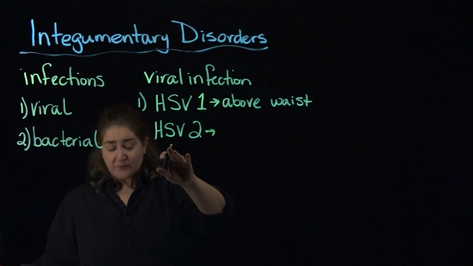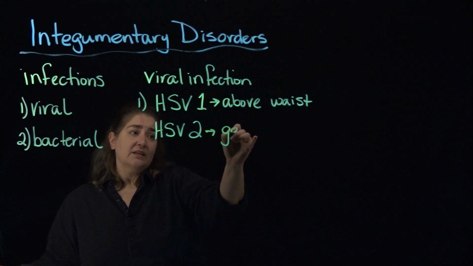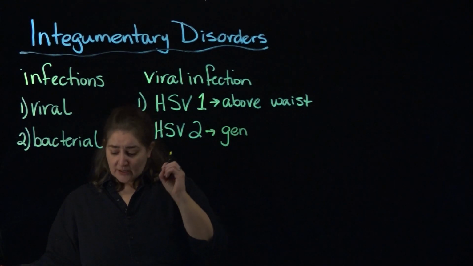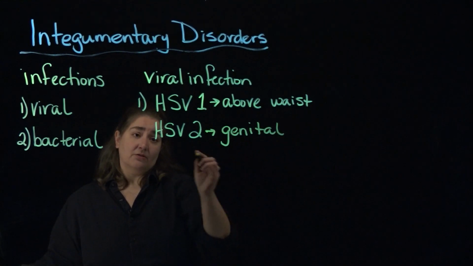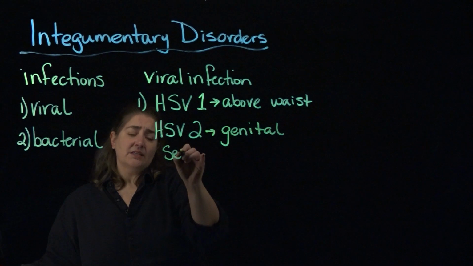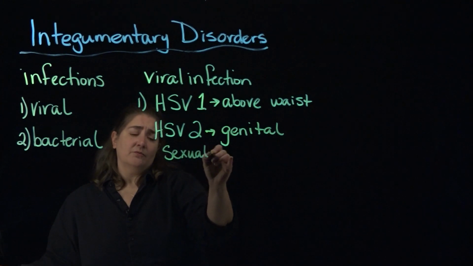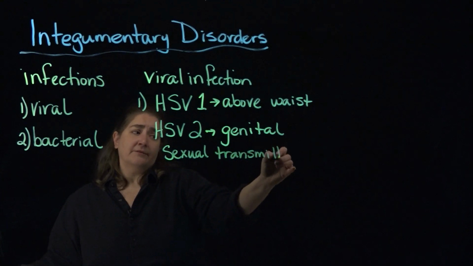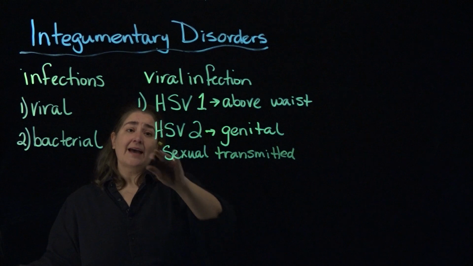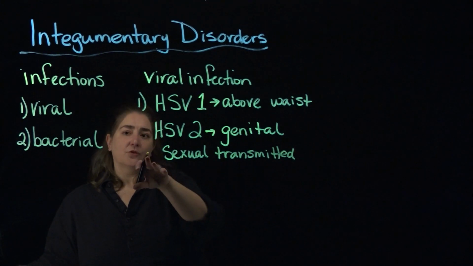HSV2, herpes simplex virus 2, these are the ones that are associated with the genitals, all right? So typically this one is the one we think about being sexually transmitted. But fun fact here, you can actually have either one of these in either location.